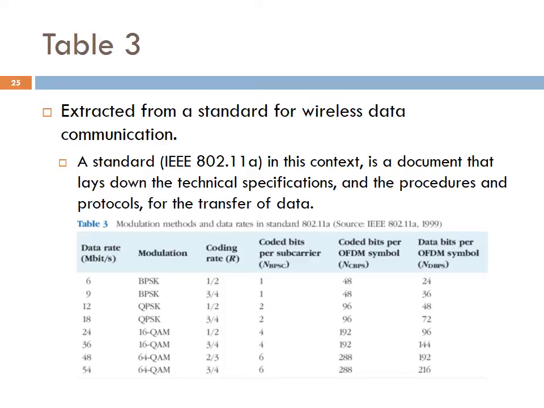So at the end of this part of the course, we'll be able to understand how the performance or the data rate of our wireless channel could be varied according to different parameters. One of these parameters is the modulation.